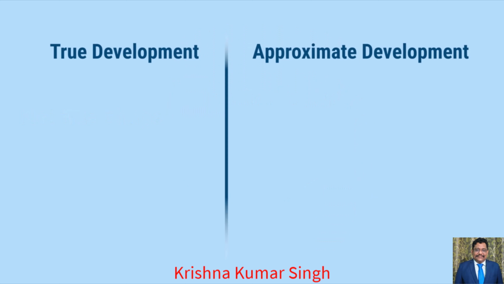Now let us discuss the basic difference between true development and approximate development of the solid. The first difference is something that we already know. In true development, no stretching and distortion of surface occurs, while in an approximate development, there is distortion in the surface of the pattern.